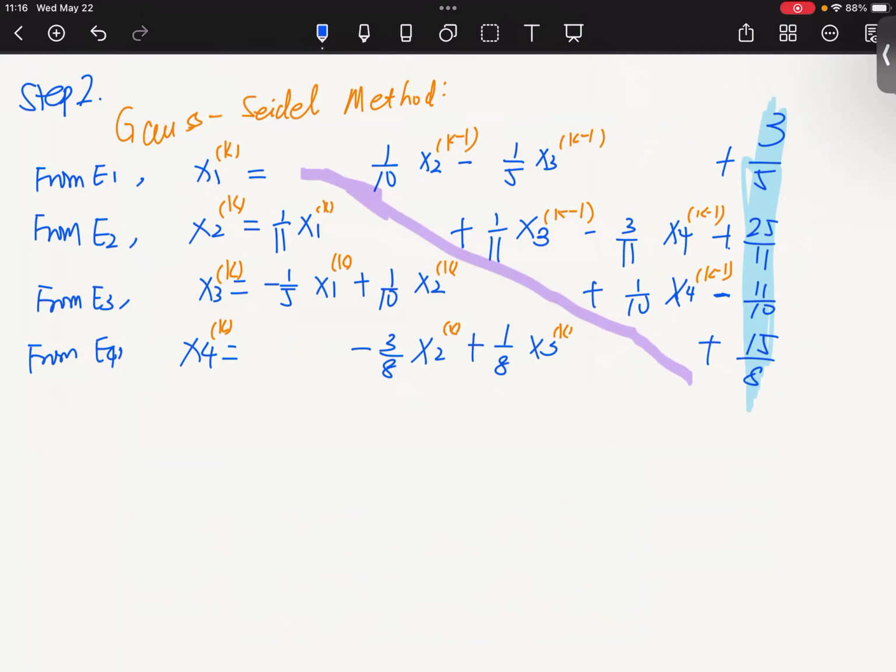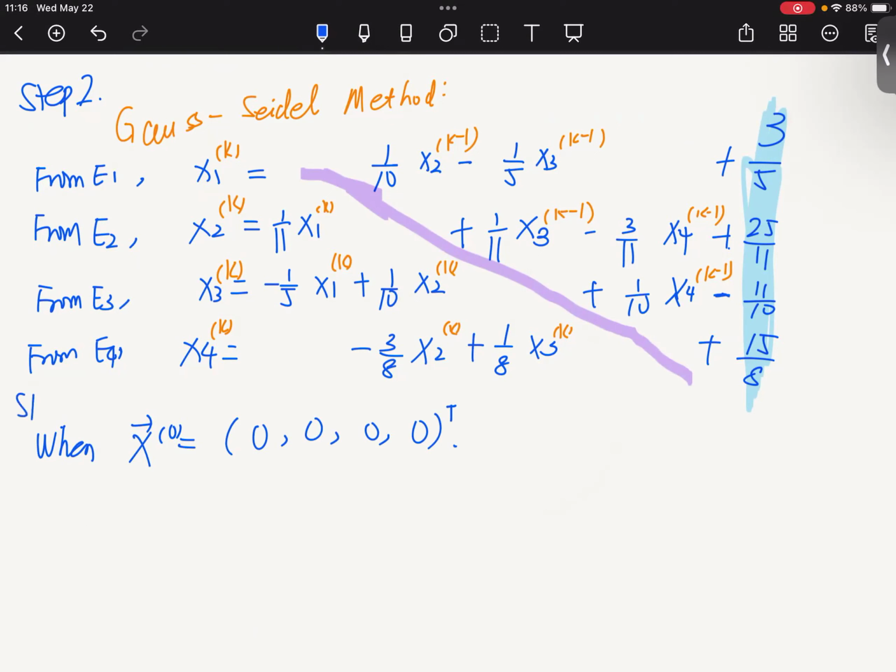We have the x0 vector, the initial vector, which is 0, 0, 0 transpose, because we need the column vector. And what is x1? We are calculating the x1 vector.